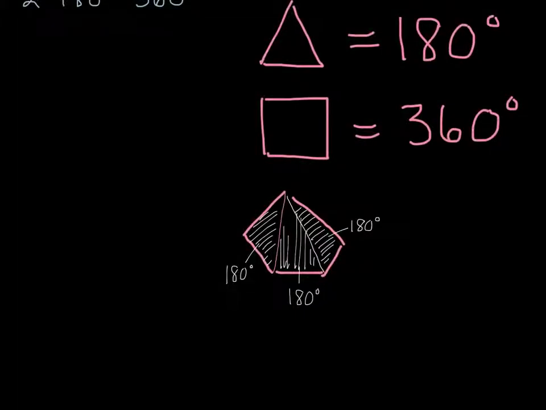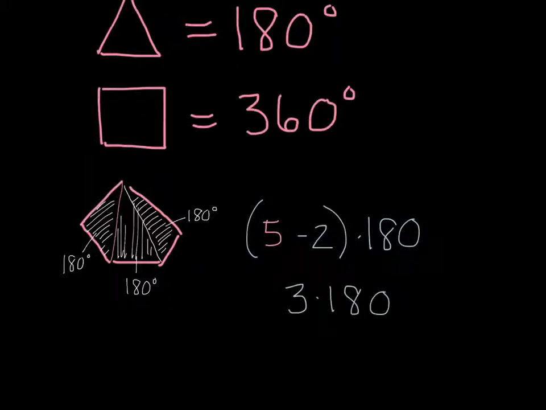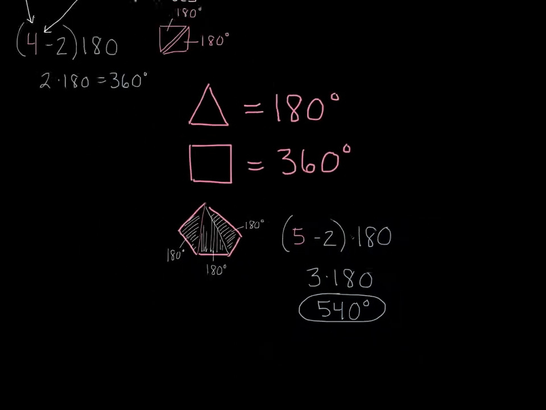N is 5 in this case. So this would be 5 minus 2 times 180. Well, that'd be 3 triangles that I divided into. And 3 times 180 is 540 degrees, or 180 plus 180 plus 180. So the sum of all of the interior angles, if you broke it into triangles, would be 540.